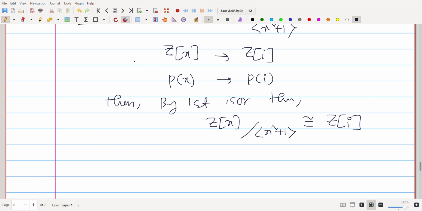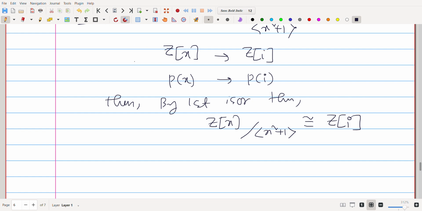Okay, now it is easy to do all the options. So R is isomorphic to a subring of C, that is true because Z[i] is a subring inside C. R has infinitely many prime ideals, that is true because Z[i] has infinitely many prime ideals.